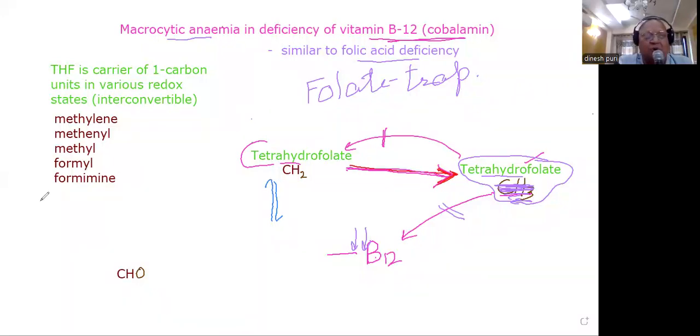Now, one or two important points. As we had discussed last time, folic acid deficiency is not very common. In fact, the name folic acid comes from a Greek word folium, which means leaves. So folic acid is present in a number of leafy vegetables.